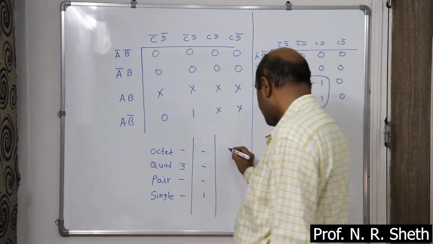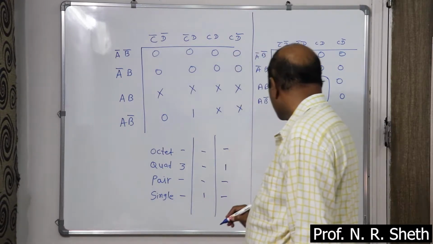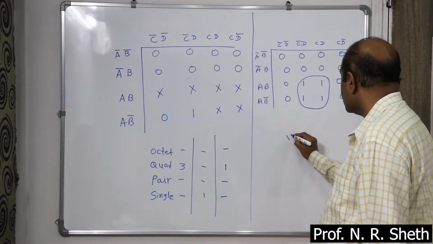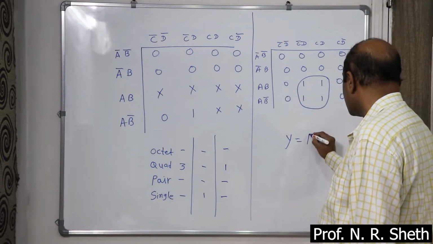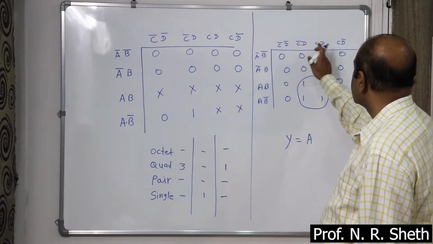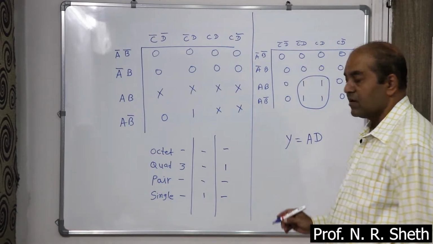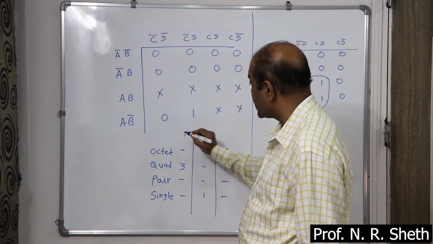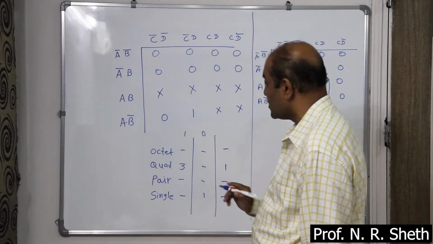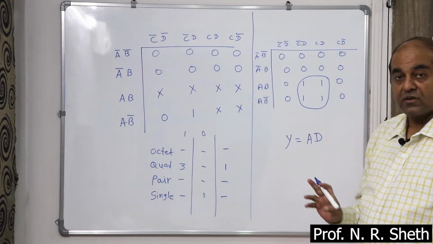Then you have only one quad and your Y equals to B bar cancel, A, C bar cancel, and D. So this both conditions are wrong. Here we have placed all ones, here we have placed all zeros. It's wrong. This is the best one.